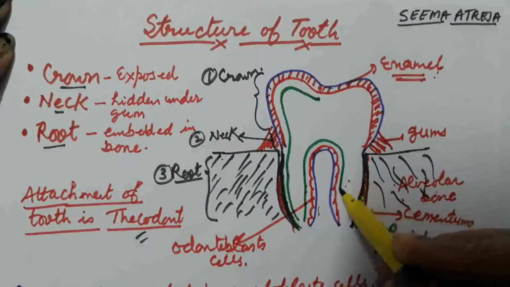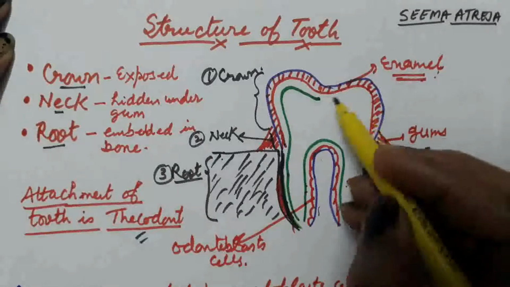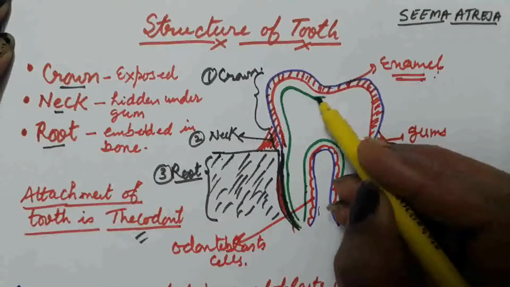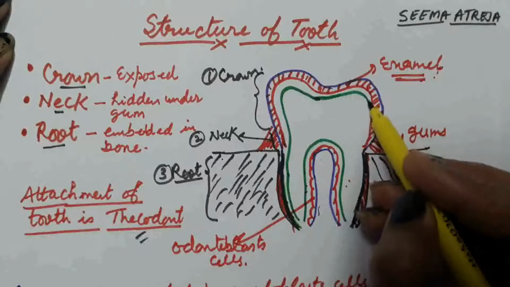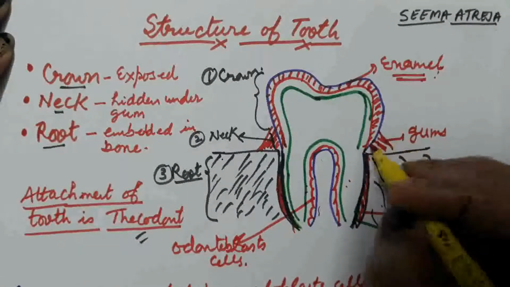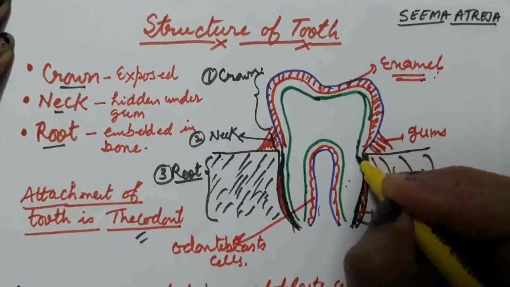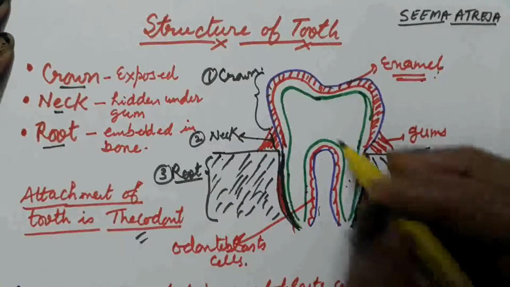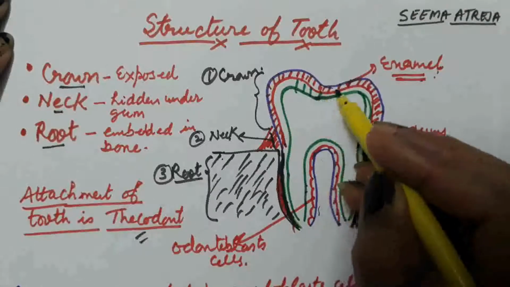This second layer of dentine is present all over the teeth, in the crown region, neck region, as well as root region. This is the dentine.